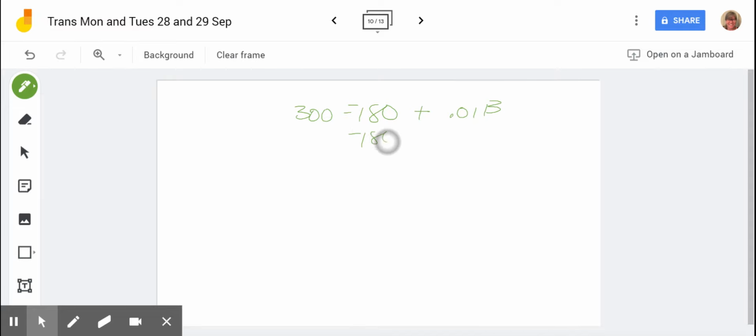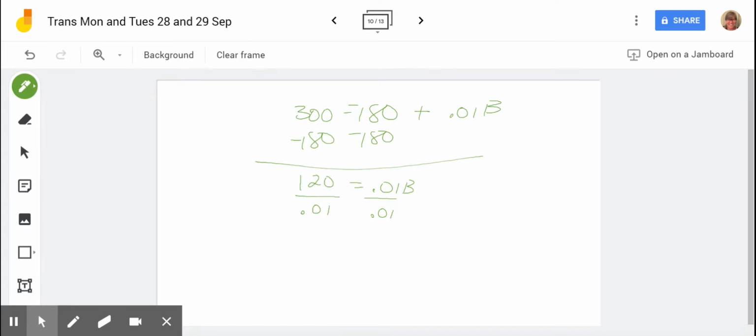All right, subtract 180 from both sides. You get the numbers on one side, and you get 120 is equal to 0.01b, and then you divide both sides by 0.01.